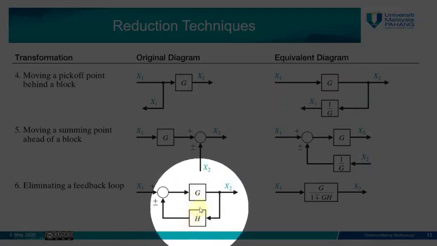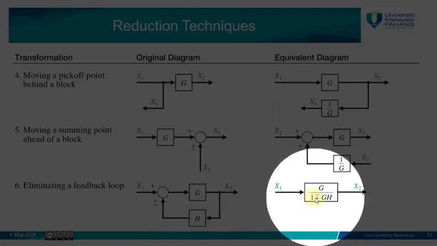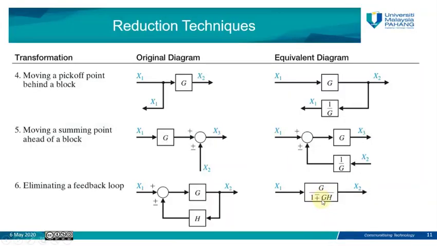So the equivalent transfer function will be j over 1 plus minus jh. If it is negative feedback, it becomes j over 1 plus jh. If it is positive feedback, it becomes j over 1 minus jh. So the plus or minus here depends on our system: is it positive feedback or negative feedback?